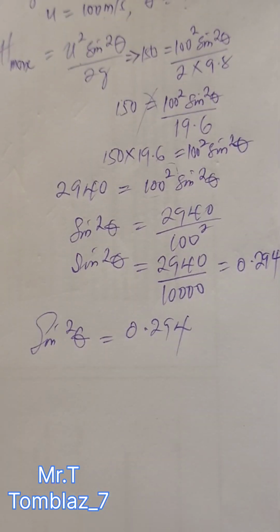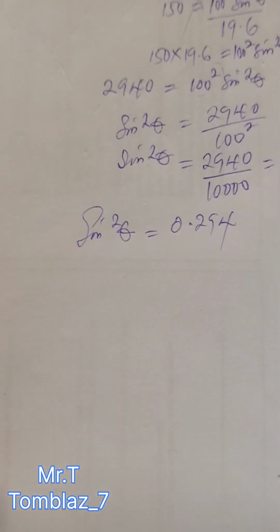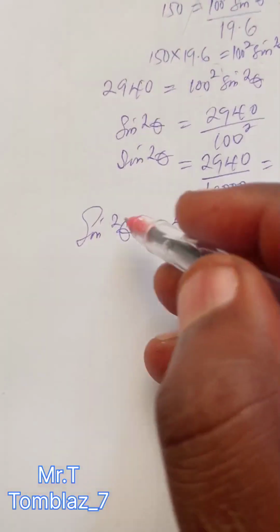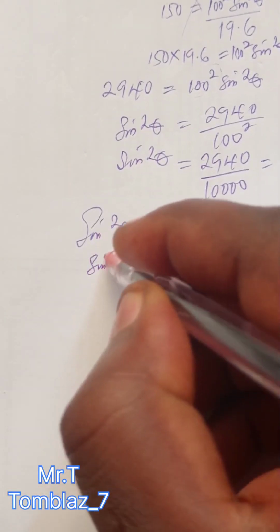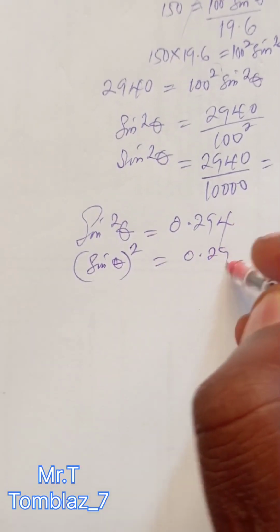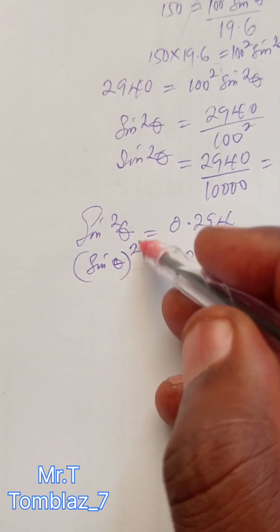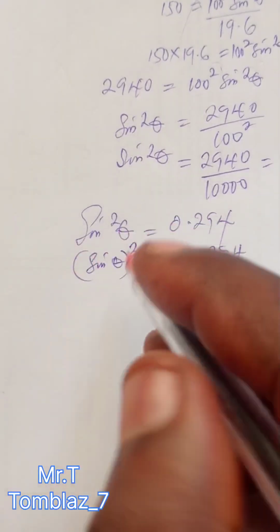So now we are left with sine squared theta equals 0.294. How do we eliminate the square? We take the square root of both sides.